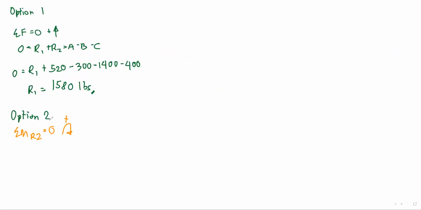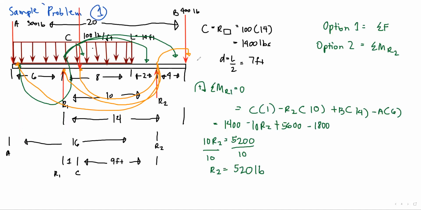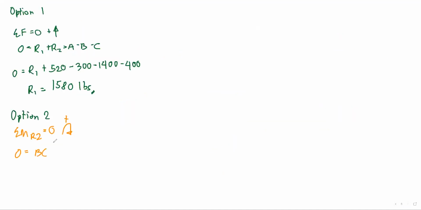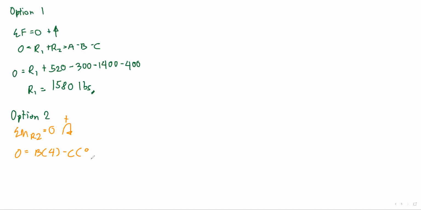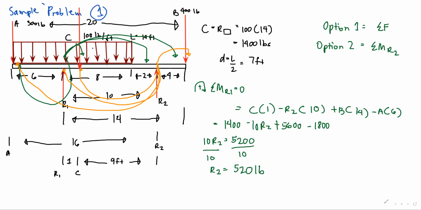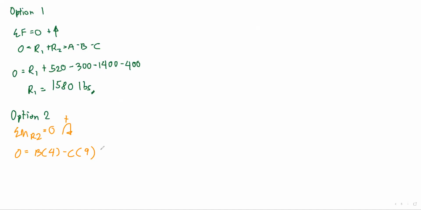Okay? So, ayan. 0 is equals to positive yung B, di ba? B with a distance of 4. R1 to B is 4. Okay? 4 minus C, may distance siya na ito, 9 feet. Okay? Ay, wait. Tama, 9 feet. Okay, next. May plus R1, may distance sila na 10.